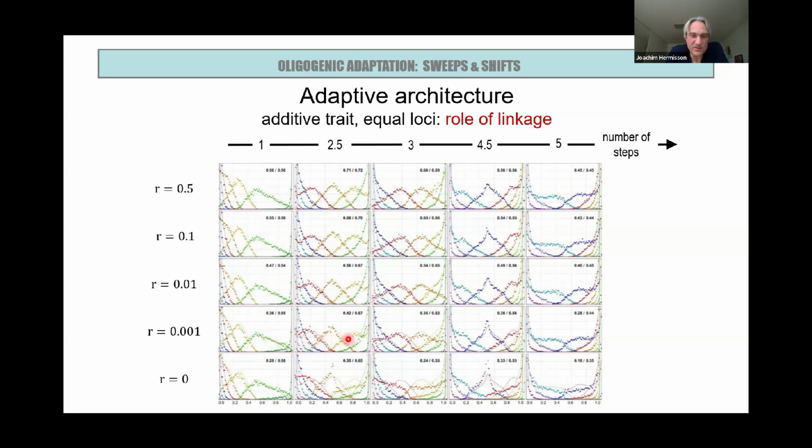Very slight changes appear at R equals 0.001. What always matters is how strong selection is. Selection and harmonic mean recombination rates would be equal around here. This is the level where recombination is as strong as selection.